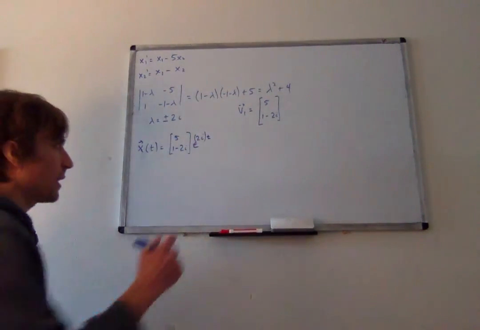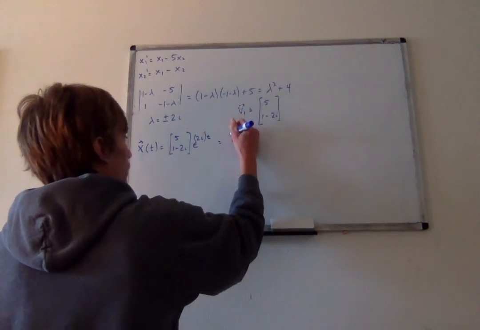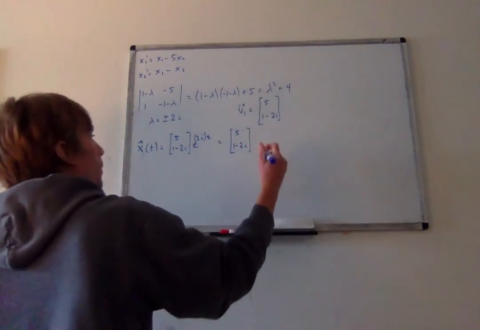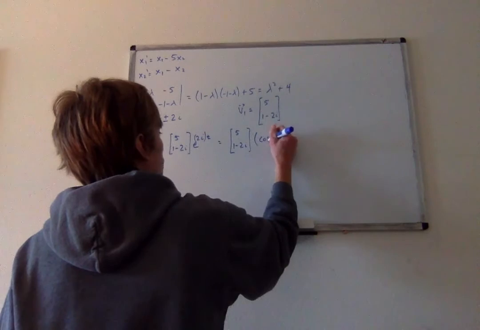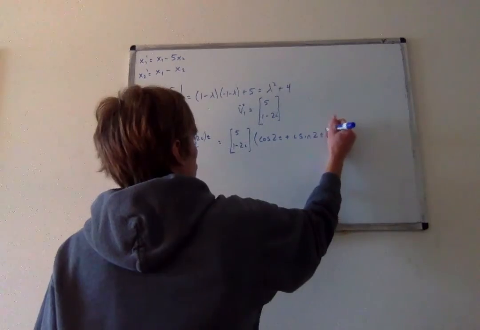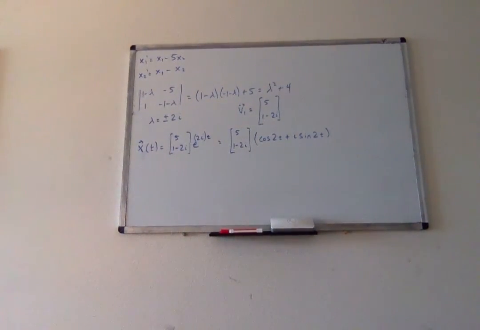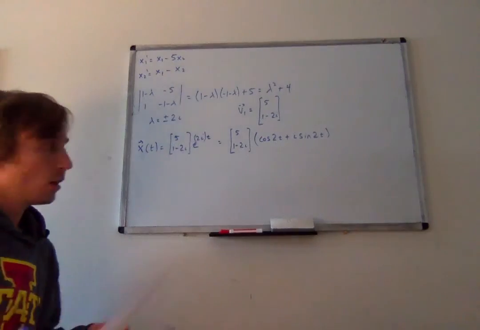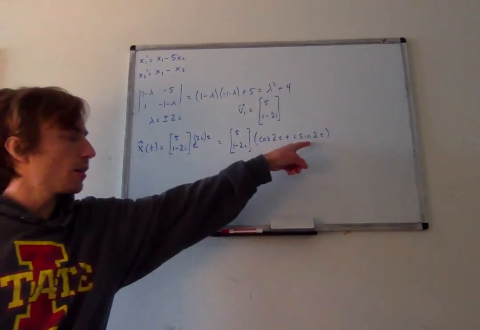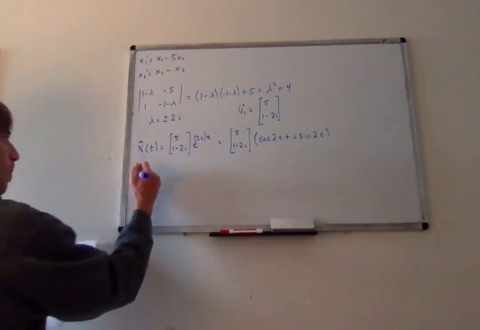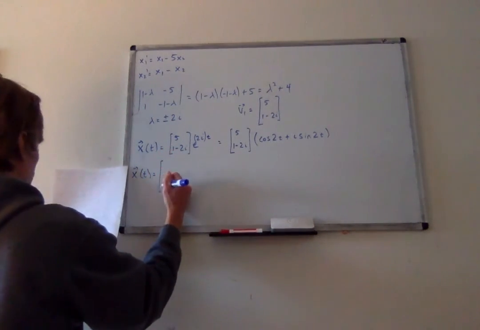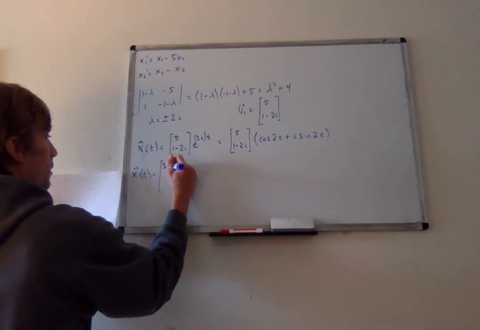And so expanding this out using Euler's formula, we get the following. And so now we can actually distribute this through to this vector to calculate that x of t is equal to the following vector. So this is after a little bit of simplifying.